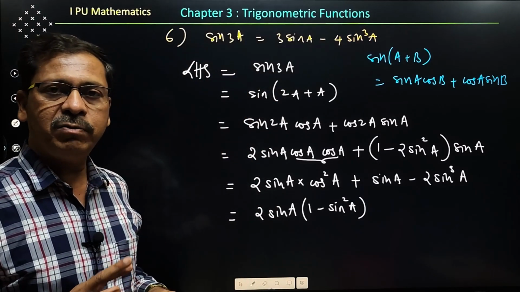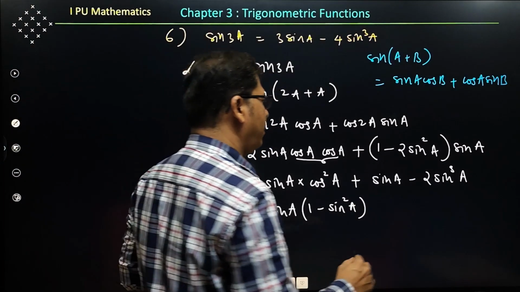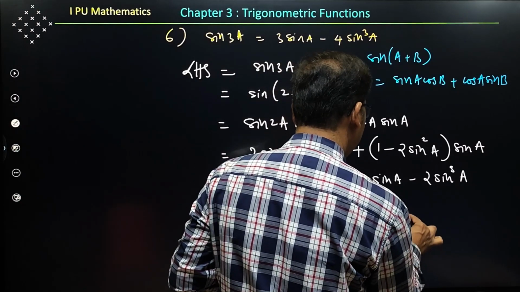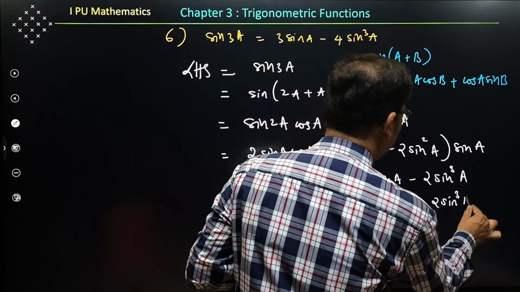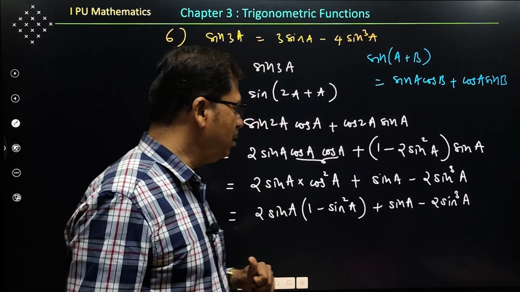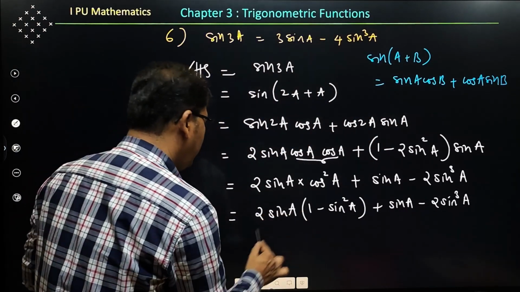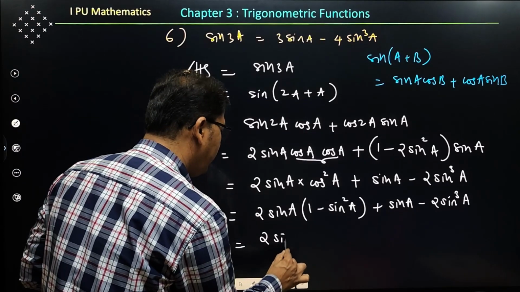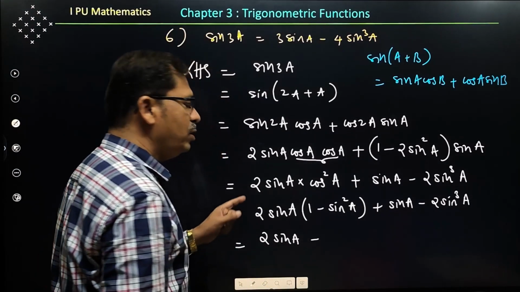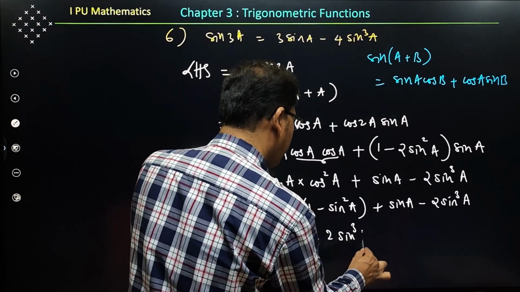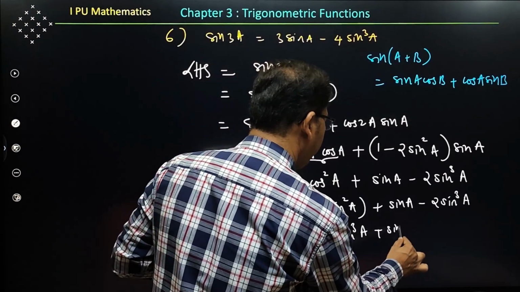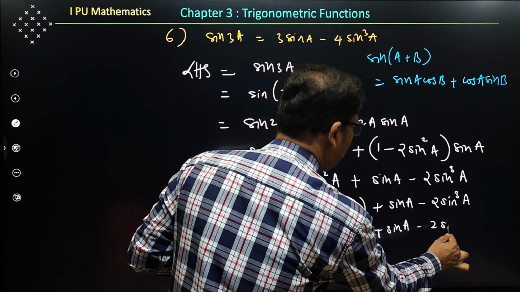Cos square a can be replaced by 1 minus sin square a, plus sin a minus 2 into sin cube a. 2 into sin a into 1 is 2 sin a, minus 2 sin a into sin square a is 2 sin cube a, plus sin a minus 2 sin cube a.